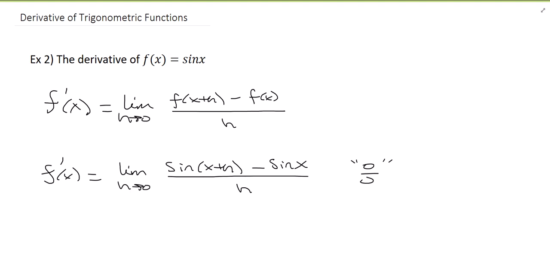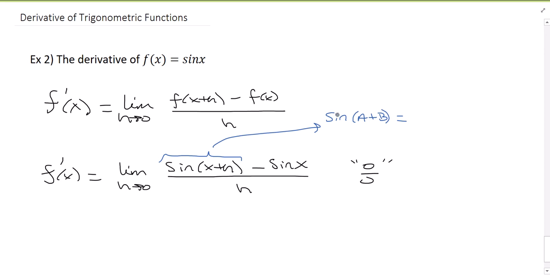And so we're going to bring in our identity for sine of the sum of two things. And so let's remind ourselves, what is the identity for sine of a plus b?